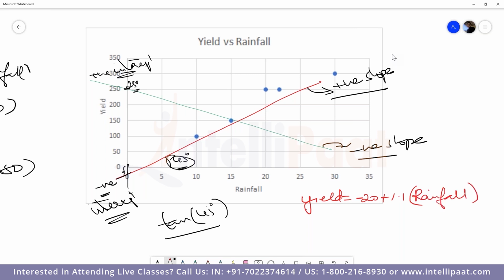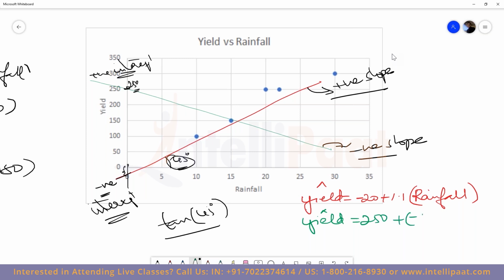I'm just taking a random guess at it, right? On the other hand, the green line could have something like this. Sorry, let me just, okay, it's too light. Yield is equal to, so the green line could have an equation that looks like this. So it could have 250 plus, it'll have a negative slope, mind you.